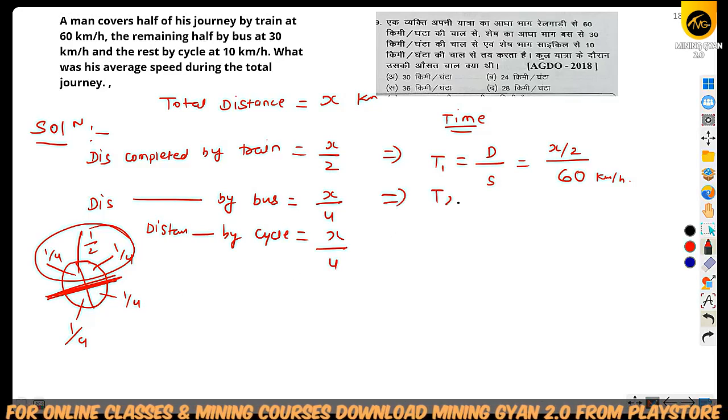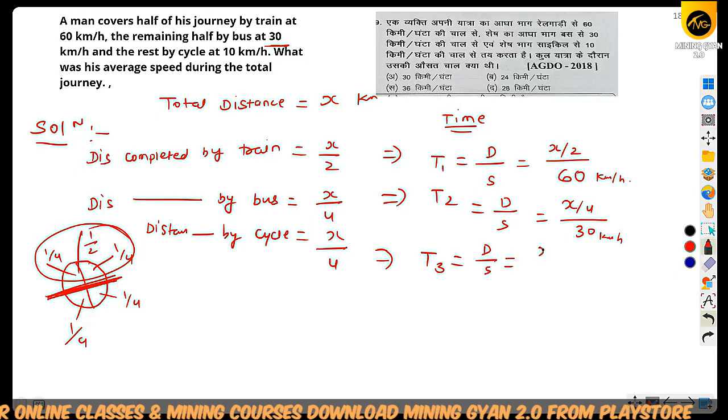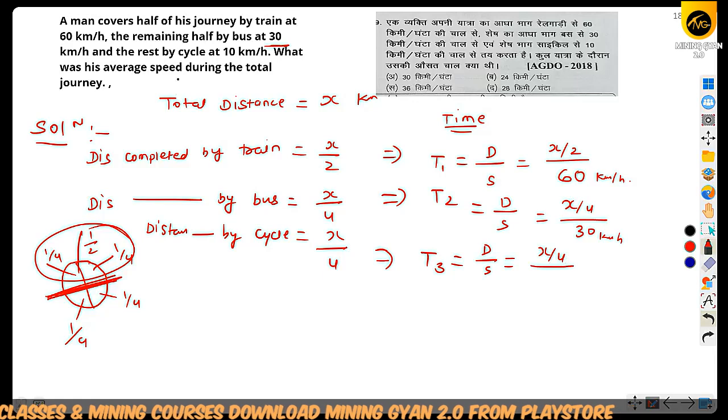Now t2, the time, is distance divided by speed, so x divided by 4, and the speed of the bus is 30 km per hour, so divided by 30 km per hour. Now for the remaining portion, the time t3 will be distance divided by speed, x divided by 4, and the speed of the cycle is 10 km per hour, so divided by 10 km per hour.